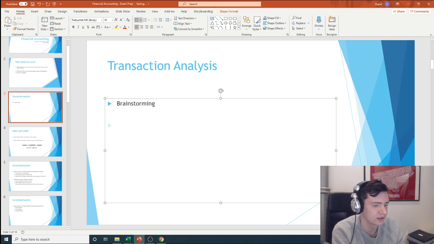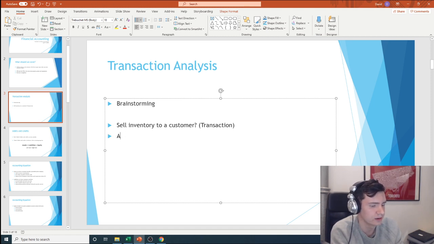Like, for instance, did we sell inventory to a customer? That would be a transaction. Do we need to amortize an intangible asset?